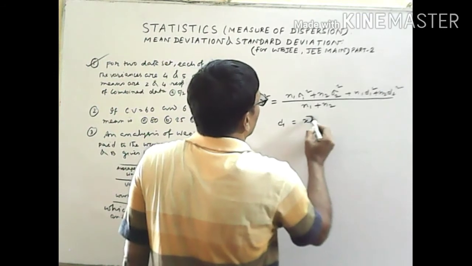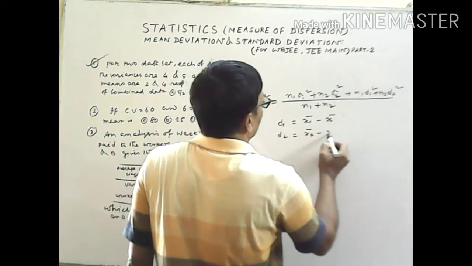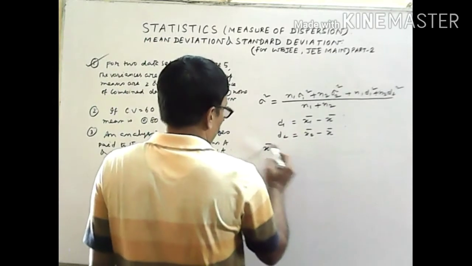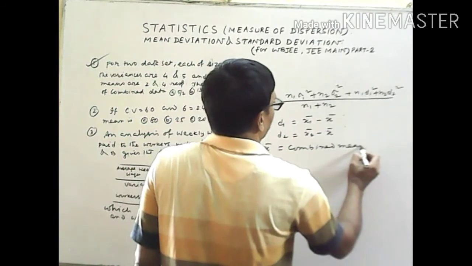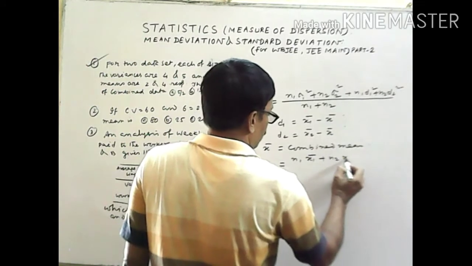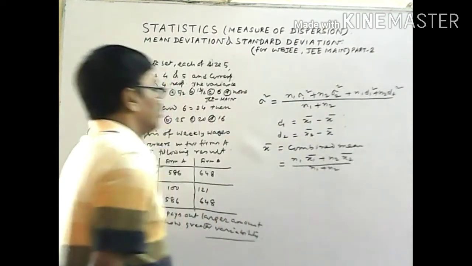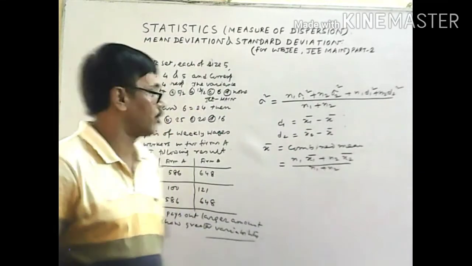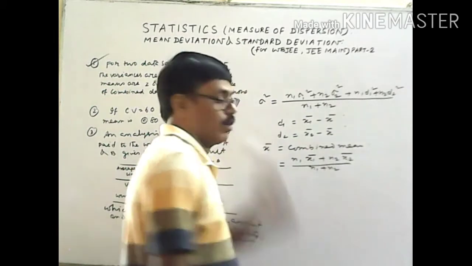D1 is x1 bar minus x bar and D2 is x2 bar minus x bar. Here x bar is the combined mean, given by (N1 x1 bar plus N2 x2 bar) by (N1 plus N2). So our main aim is to find the combined mean first. Then using x bar we can get D1 and D2.